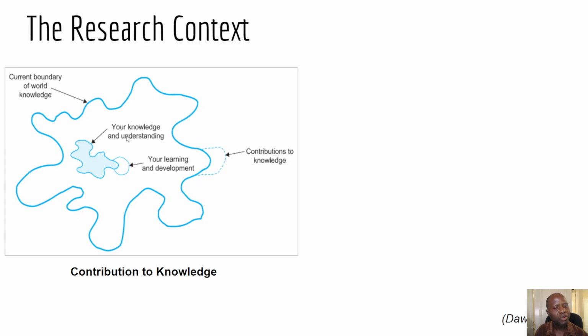And usually, your knowledge and understanding would be a subset of that, because it's difficult to have someone who knows everything in a particular domain. So what you know, you of course extend within your domain by learning more and also developing yourself and the work that you are doing. But when you start contributing, your contributions are outside the boundary of the domain.